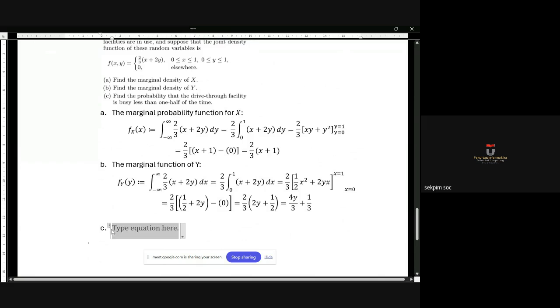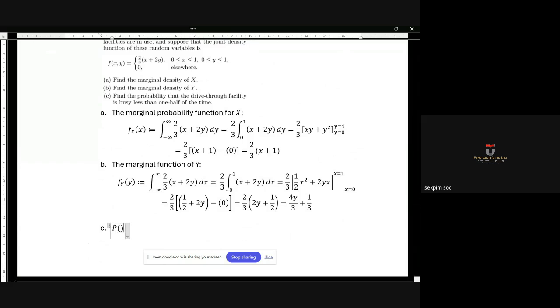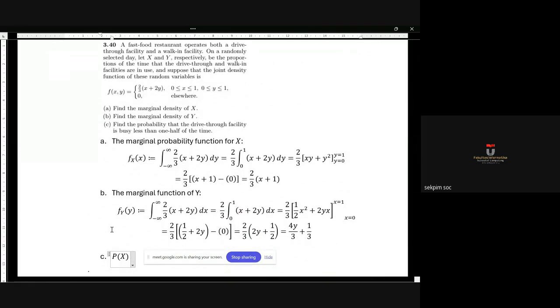So the thing that we want to determine here is the probability that X is less than 1/2 of the time.